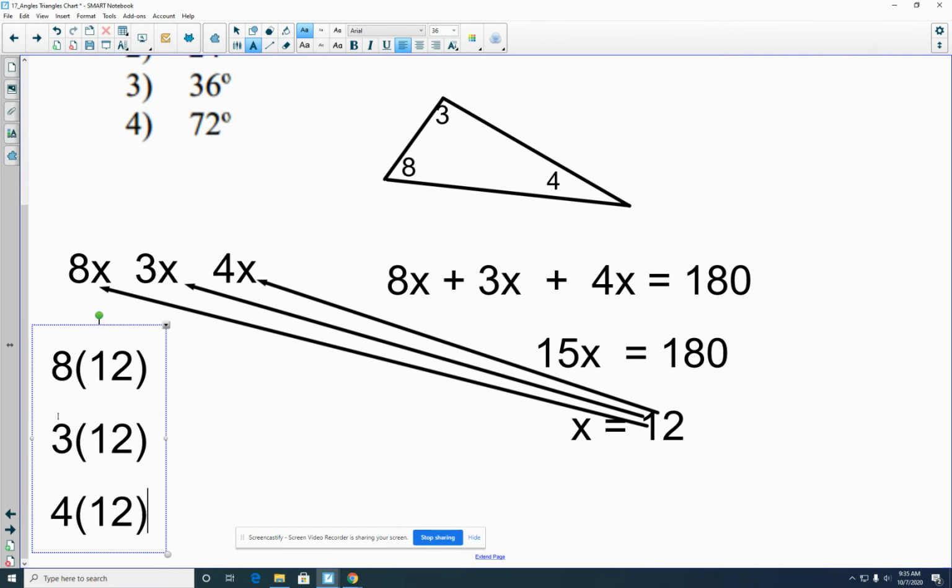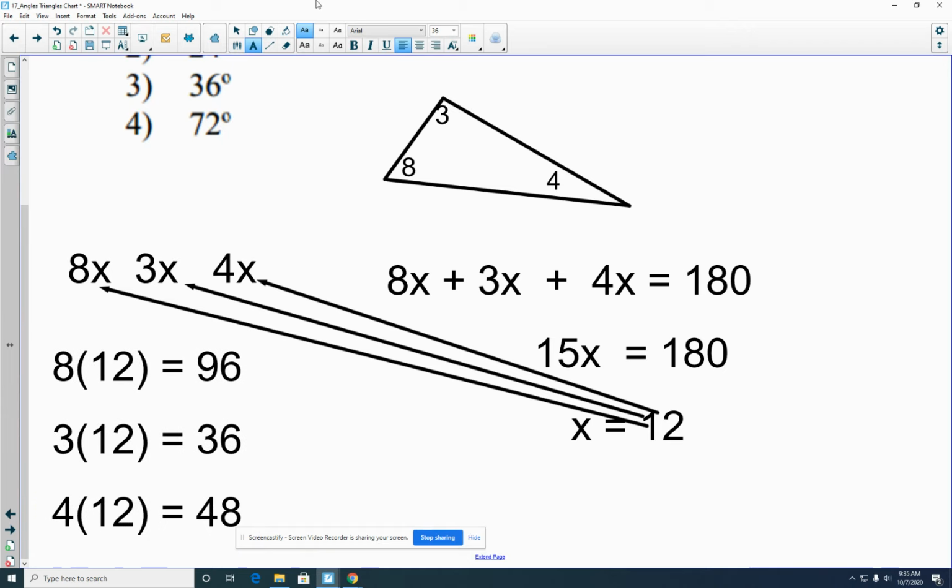I have to figure out the smallest angle. So 8 times 12 is 96. 3 times 12 is 36. And then 4 times 12 is 48. So our smallest value, I think it's pretty clear, is right here, 36.